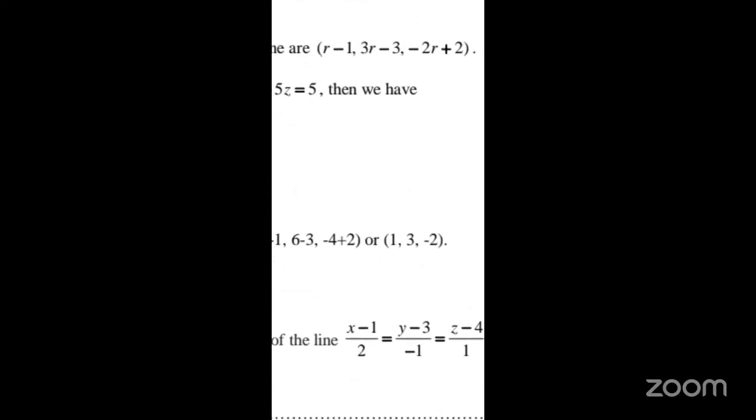So this is the point. It is 1 comma 3 comma minus 2. Okay, so this is the intersection point of the line and plane. So here the problem is that they are giving the line and plane, and we are getting the point of intersection.